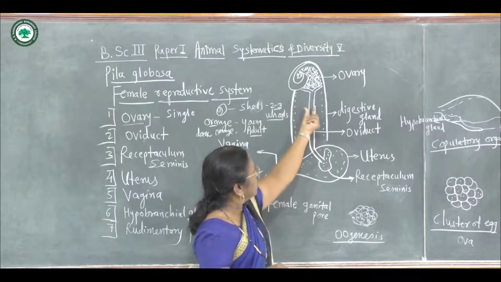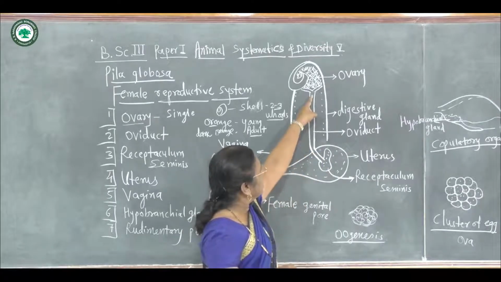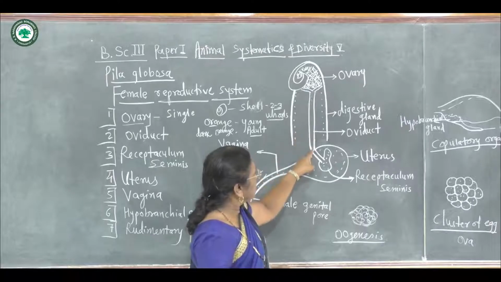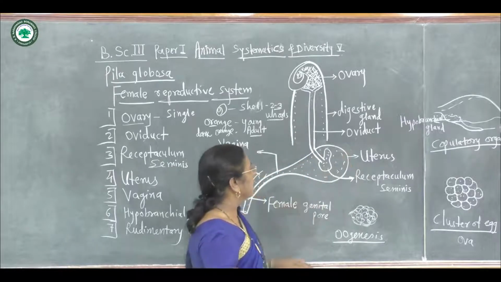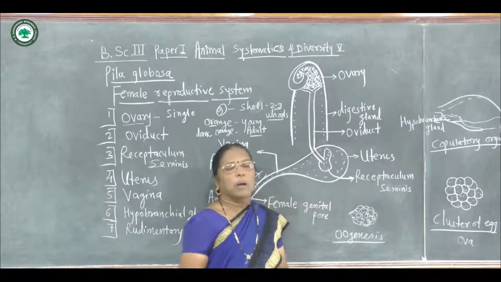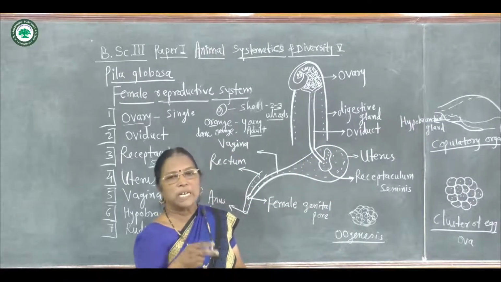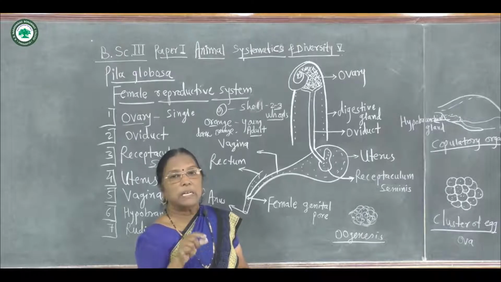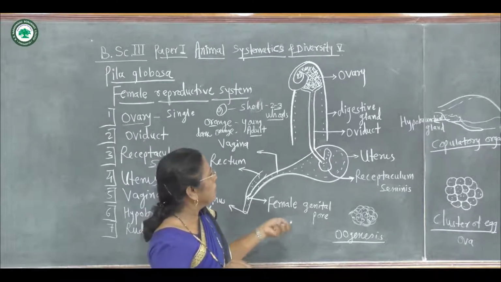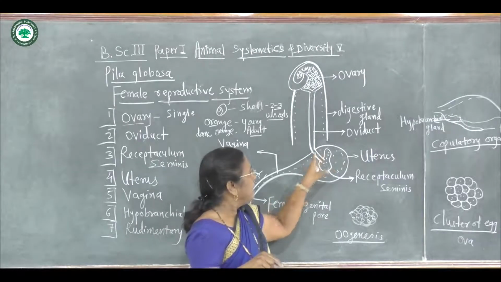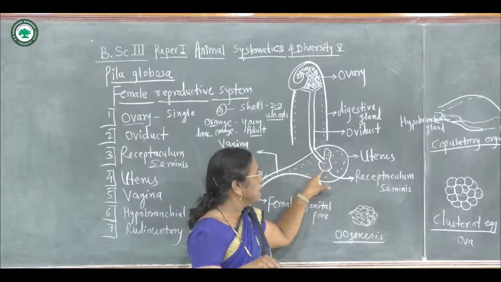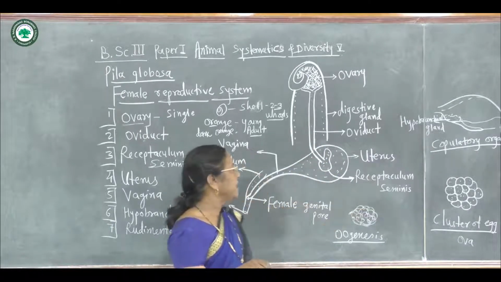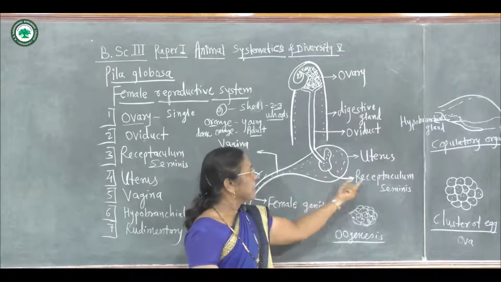The oviduct opens posteriorly towards the left side near the posterior chamber of the renal chamber, and it opens into the receptaculum seminis or seminal receptacle.